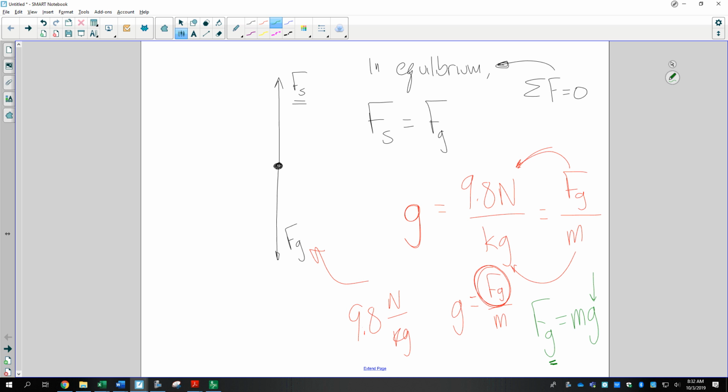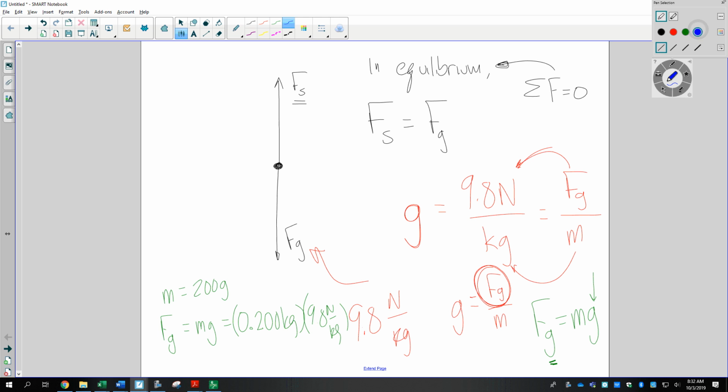So for example, if we had a mass of 200 grams and we want to know what that weighs, well, we do m times g, or, well, I got to change it to kilograms, 0.2 kilograms times 9.8 newtons per kilogram.